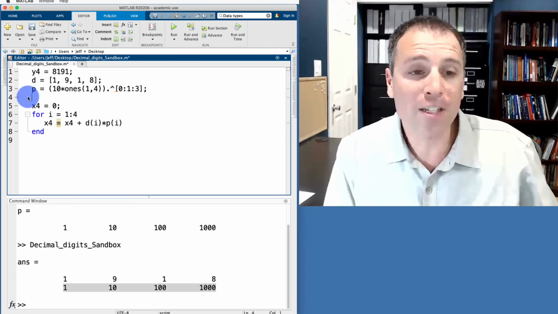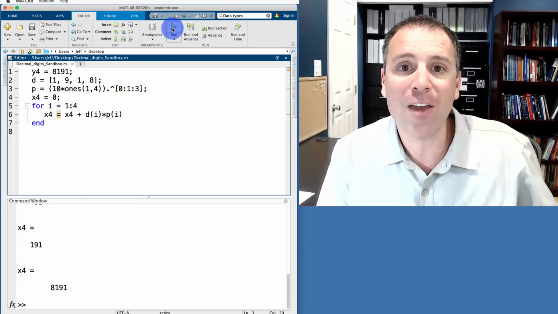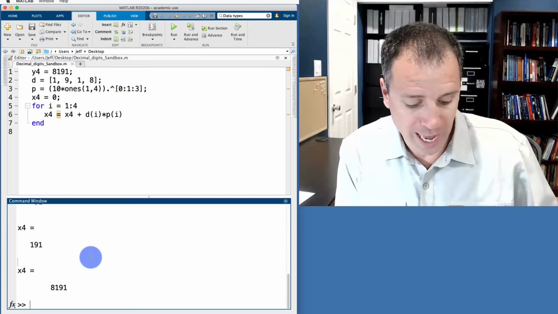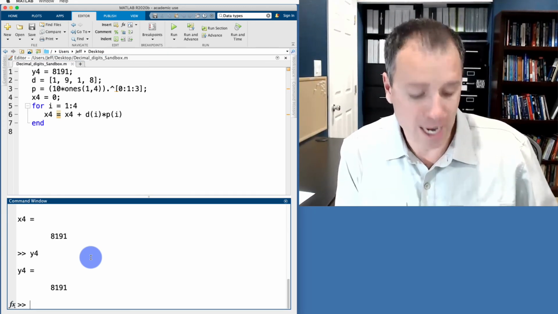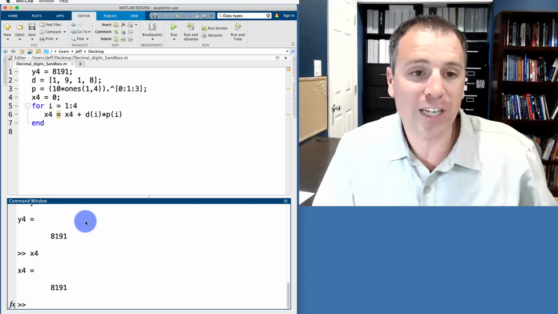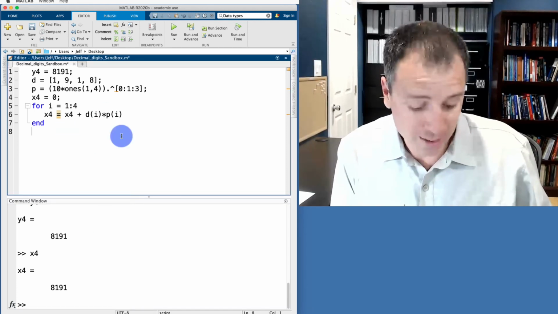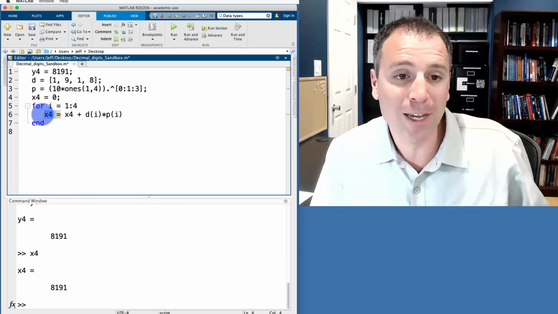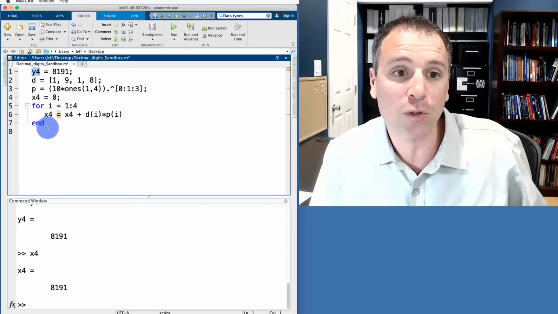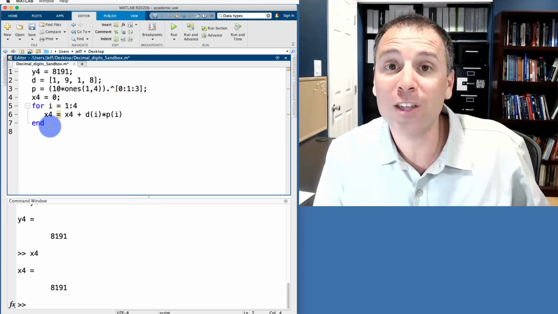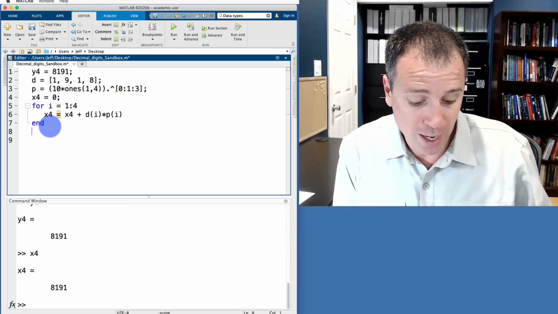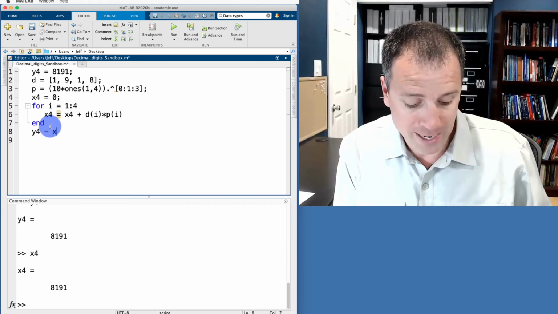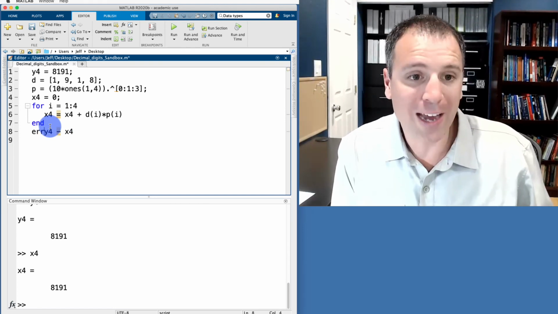Let's go ahead and run this code. We'll delete that and then run. Notice we can actually look at y4, which is 8191, and x4, which is 8191. Classic numerical analyst says that my approximation is going to be equal to my actual number when the difference between the two of those is 0. So let's look at y4 minus x4, and we'll call that an error.